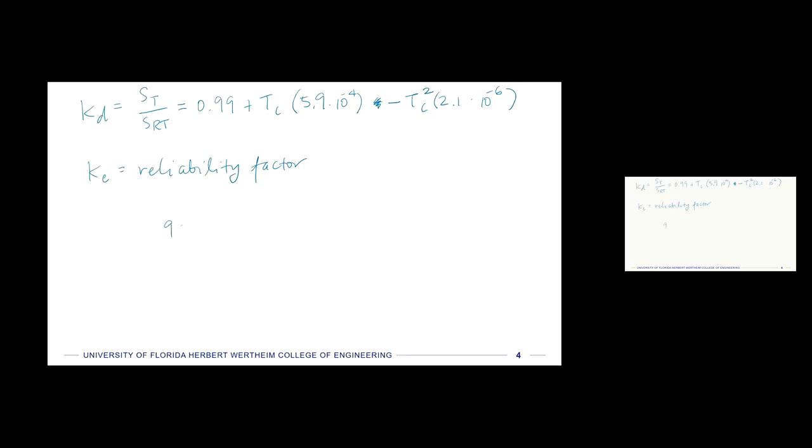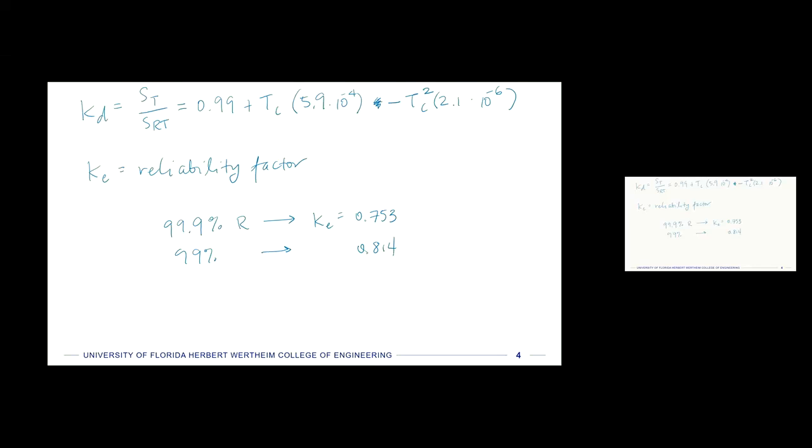So if we want to go to 99.9% reliability, then we're going to have Ke equal to 0.753. So we lose about 25%. Let's say 99% reliability, that's about 0.814.